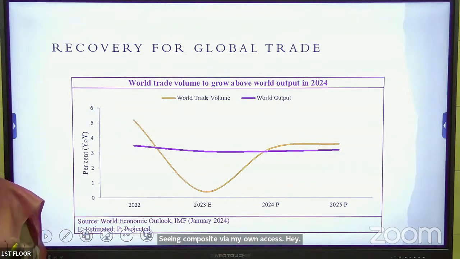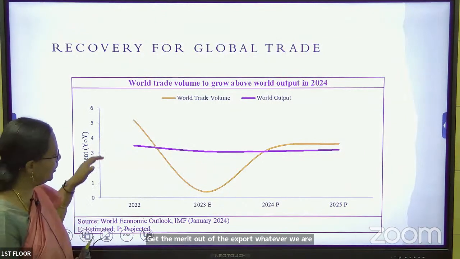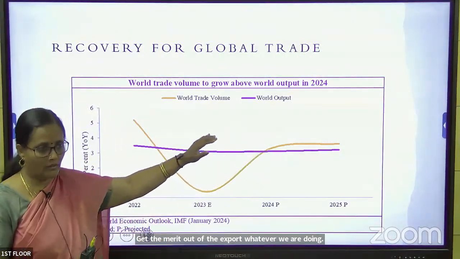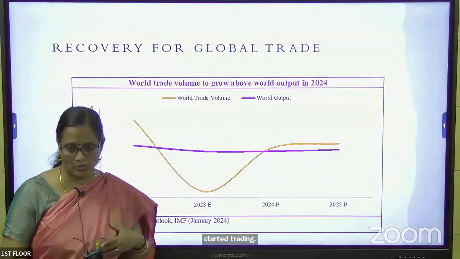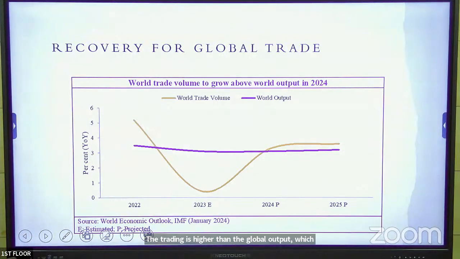This is very important because as long as global trade is not improving, we won't be able to get the merit out of the exports, whatever we are doing. So world output is there, but trading has started, and trading is higher than the global output, which means exports and imports are slowly improving, which is essential for India to benefit. There are two keywords they want to mention in the survey.